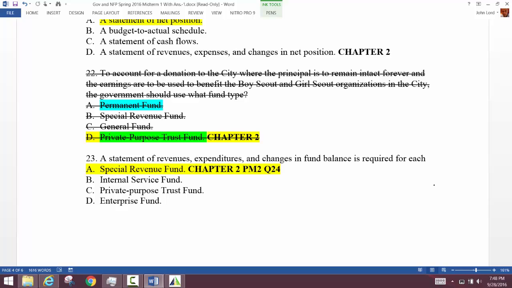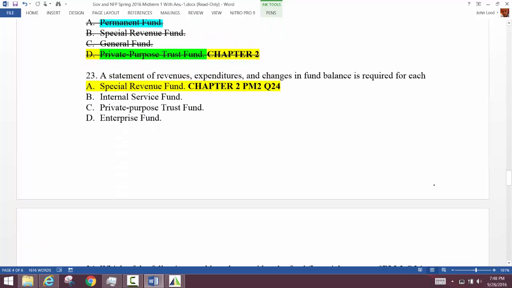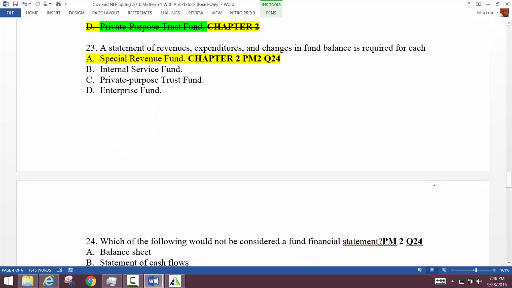We know that it is a fiduciary fund, and that's really all we know about it right now. I put that question on the exam last time because I thought it was asking about the permanent fund, until I read it more carefully after I gave the test and thought, oops, that's the private purpose trust fund. So what happened to that question? Did I give the students the points? Yes, I did, because I messed up, since we hadn't talked yet about the private purpose trust fund. So that question won't be on your test. We'll talk more about what the private purpose trust fund does later.